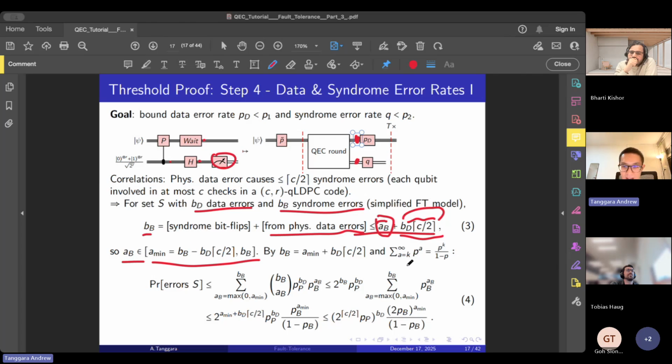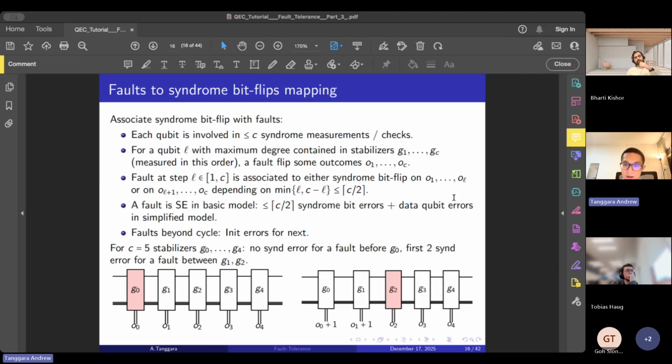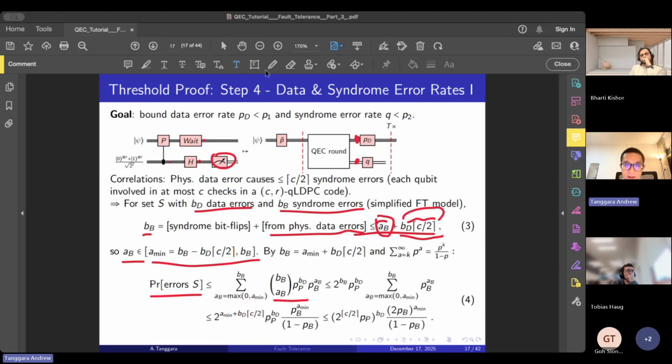But basically you can bound this value AB, so that now we can bound the probability of errors on the locations in the set S. You have to do some combinatorics here because the data error probability is different from the actual measurement error probability, so you want to take these into account and sum over all the possible values of AB to come up with this value.